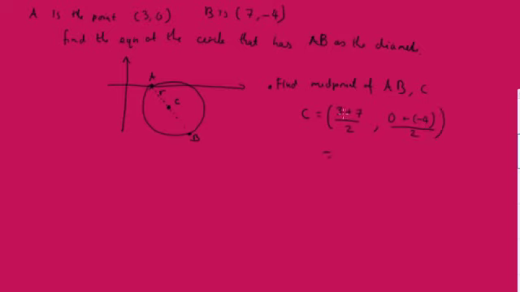So that will be 3 plus 7 is 4, divided by 2 is 2, minus 4 over 2 is going to be minus 2. Oh, sorry, 3 plus 7 is 10, over 2 is 5. Sorry, so it's 5, minus 2.